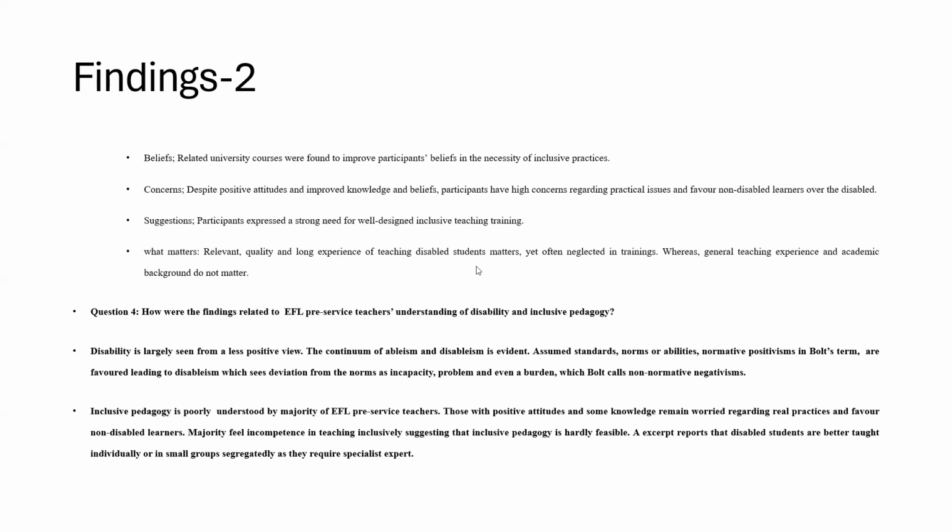Let me clarify. So ableism is a condition where the world is seen from an ableized perspective, whereas disableism is the consequence of the hazard of this ableism. When people only see the world from an ableized perspective, then this ableism comes up.